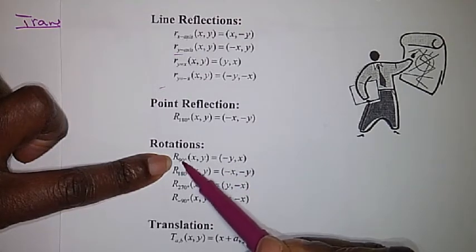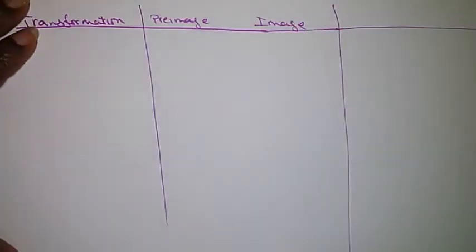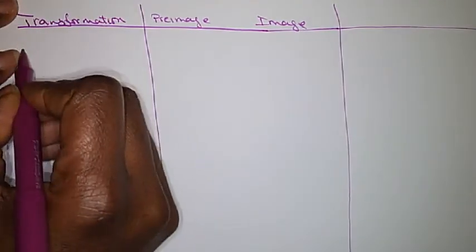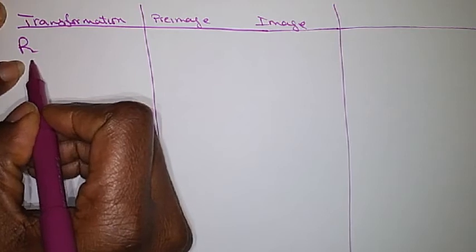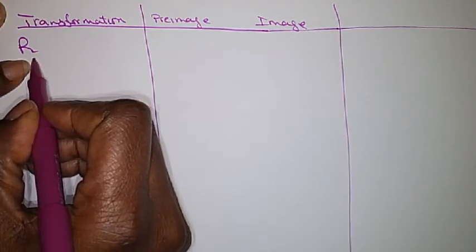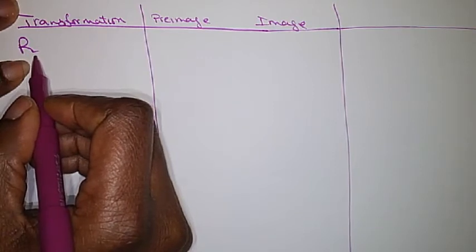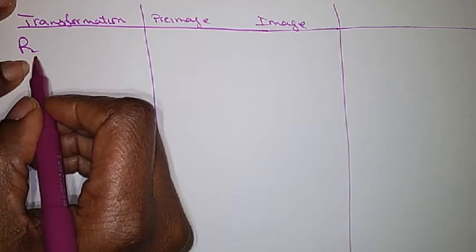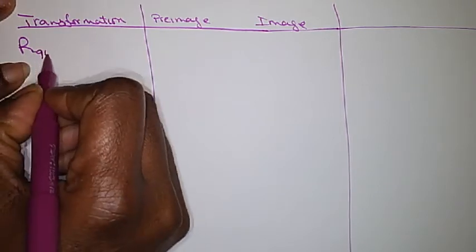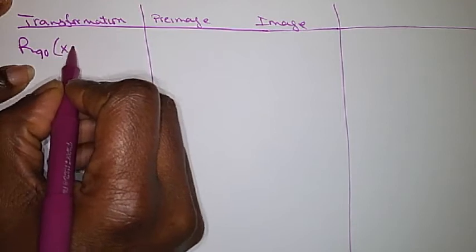The first one without the minus is the counterclockwise one, so let's do that one first. The R for rotation is an uppercase R. Reflection has a lowercase r, rotation is uppercase. So we're rotating 90 degrees.